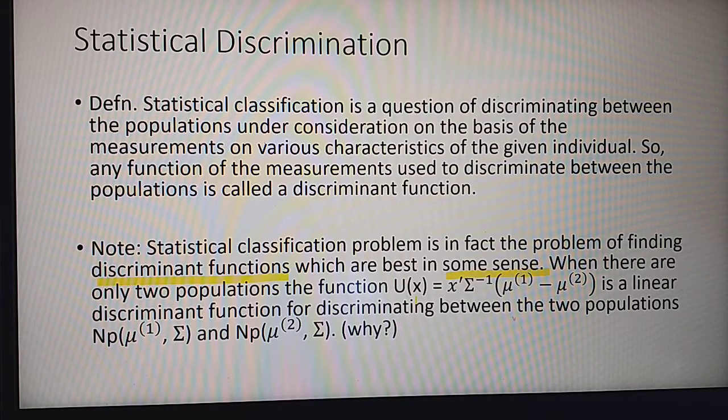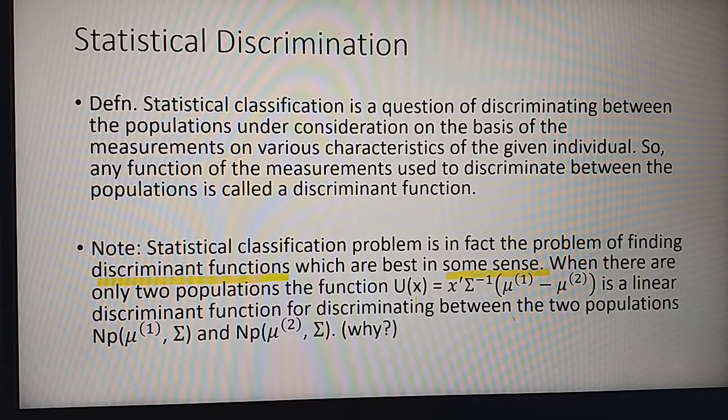It can be considered as a discriminant function for discriminating between the two populations N_p(mu1, sigma) and N_p(mu2, sigma). Discriminating means identifying the two populations differently. That is, population 1 is this and population 2 is this.